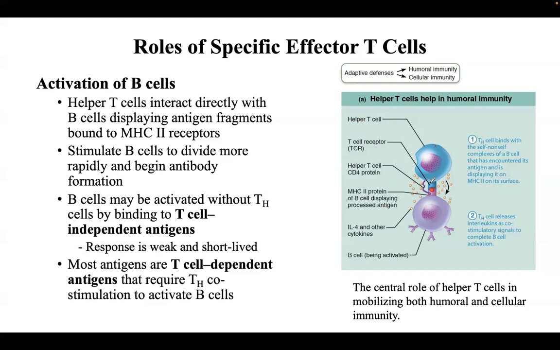Now this helper T cell interacts with a B cell with MHC2 protein. This is the B cell here. This is in the process of getting activated. This is presenting an antigen displayed on MHC2 protein.